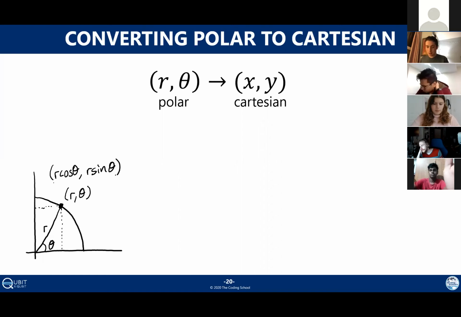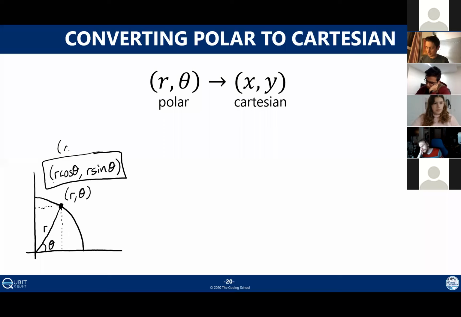And in fact, this pretty much gives us our answer, because when we write our coordinates in this way, we have written them in the Cartesian coordinate system. So this is the same as saying x comma y. And so if we wanted to solve for x, we just notice that these two coordinates must be the same. So x equals r cos theta, and likewise, y is going to be equal to r sine theta.